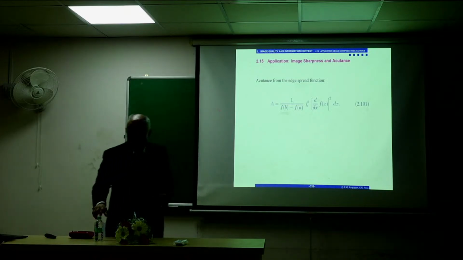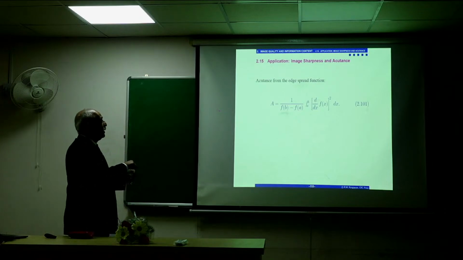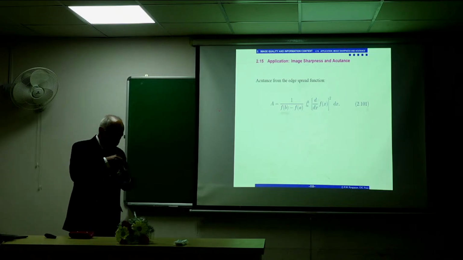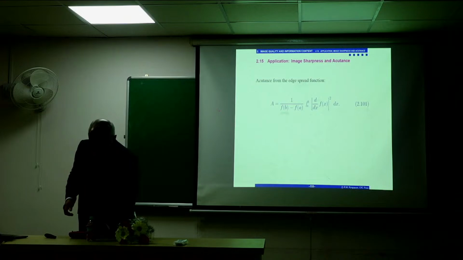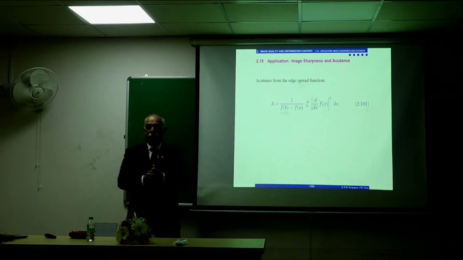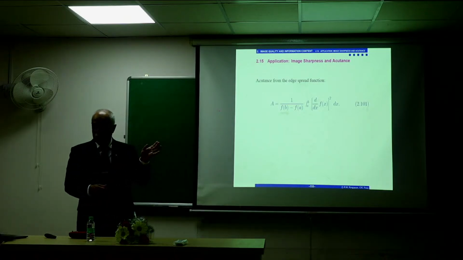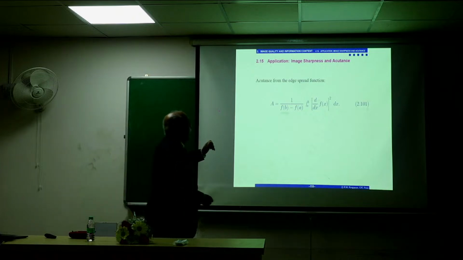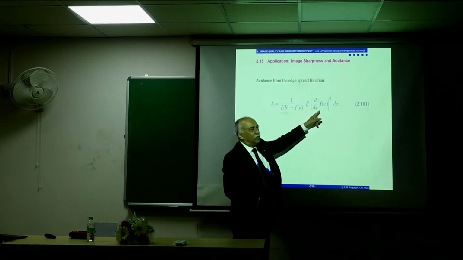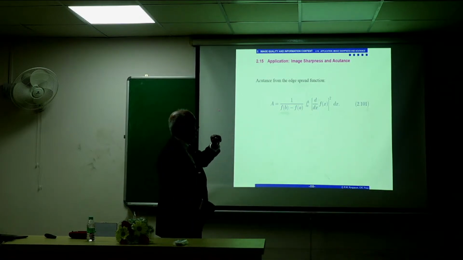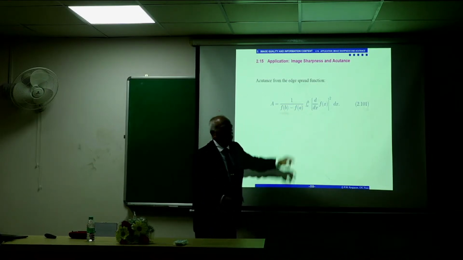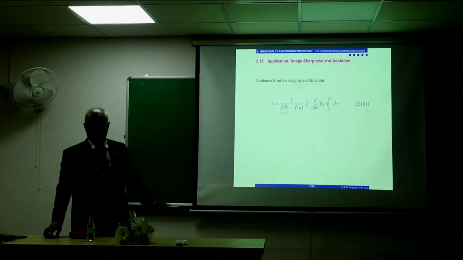So I'll now go through one of the applications we worked on based on what is called acutance. Acutance is an interesting concept related to sharpness, edge sharpness, similar to the edge spread function we saw earlier. One of the definitions is the derivative of that edge spread function squared, integrated from a to b, where the edge is between a and b, and divided by f(b) minus f(a), the value of that, so you normalize it.